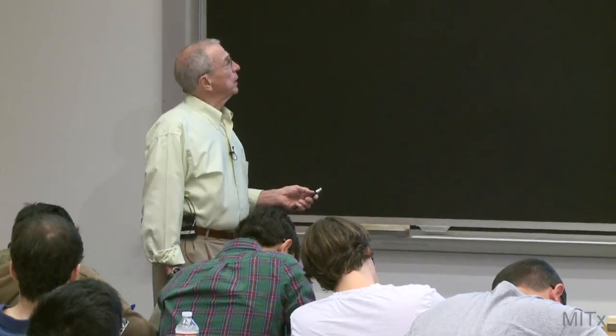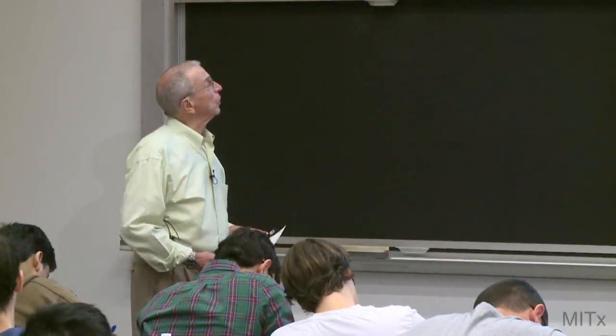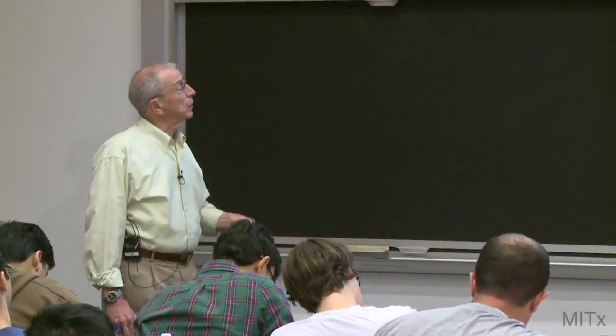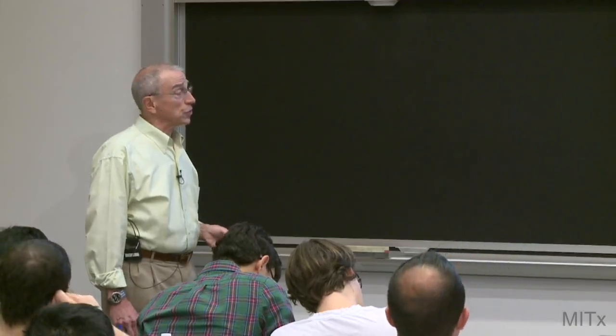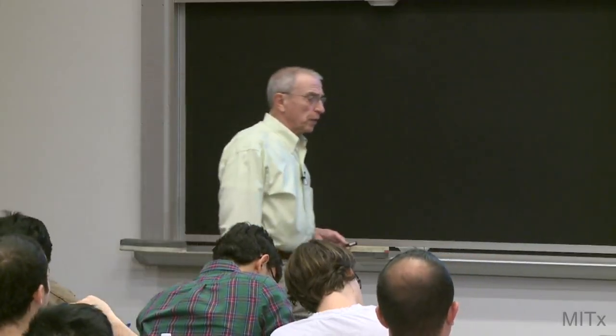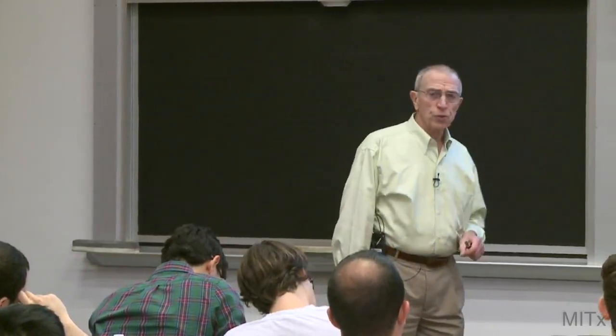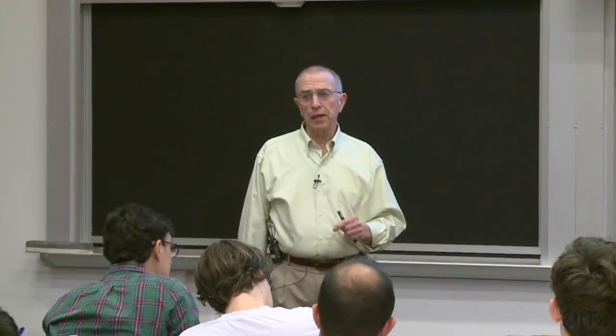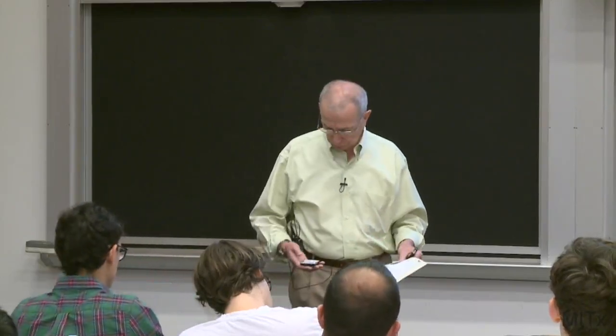Before I get into doing this, though, I want to mention also, and this will come up more in Tuesday's lecture, that one of the common uses of sample rate conversion is in A to D and D to A conversion.